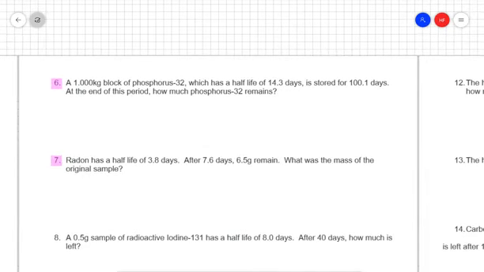On number 6, a 1 kilogram block of phosphorus-32, which has a half-life of 14.3 days, is stored for 100.1 days. At the end of this period, how much phosphorus-32 remains? So this question is asking me for the end amount.